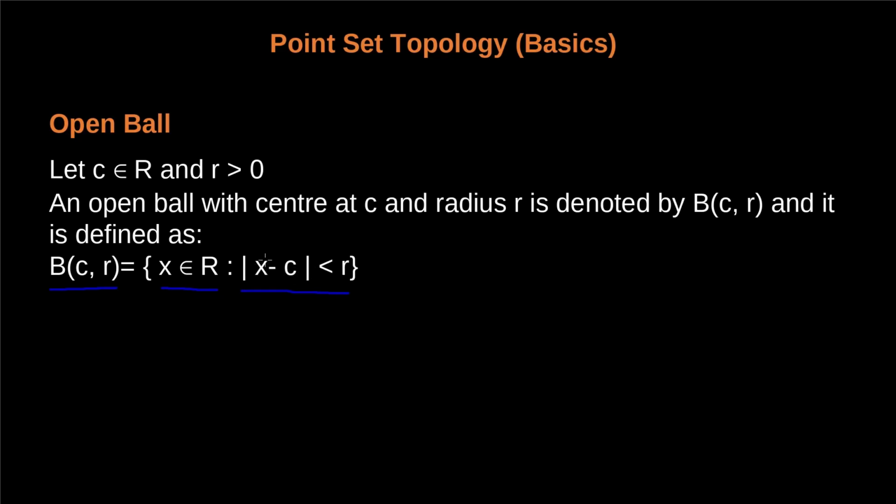We can define this ball in this way as well: modulus of x minus C is less than R. Using the property of modulus, we can write it as minus R is less than x minus C is less than R. And if we add C on all sides, we get C minus R is less than x is less than C plus R.